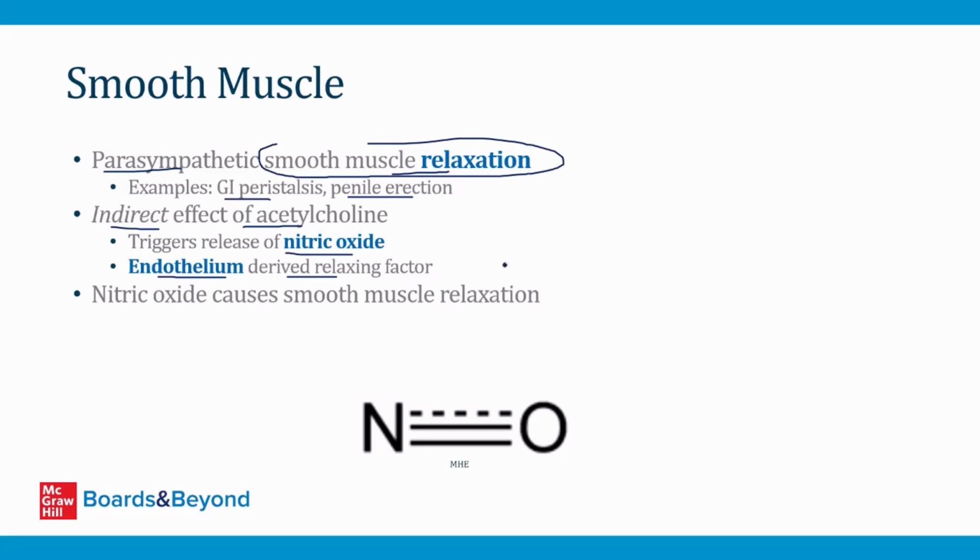So when the parasympathetic nervous system wants to cause smooth muscle relaxation, for example, to achieve an erection, what it's going to do is activate the endothelium to release nitric oxide. And then nitric oxide is a very powerful smooth muscle relaxer. And so it's the nitric oxide that directly causes smooth muscle relaxation. Acetylcholine and muscarinic receptors, that's all an indirect part of this process, and that's caused by activating receptors on the endothelium.